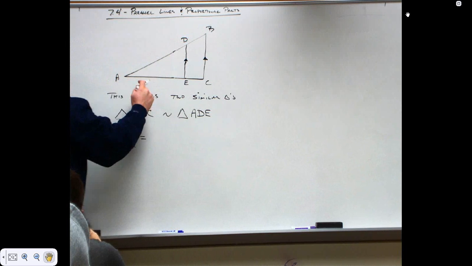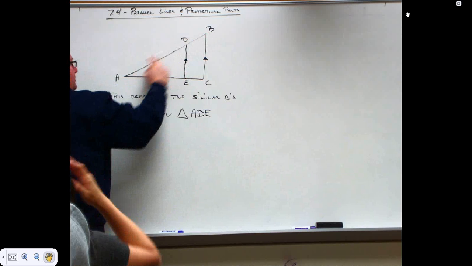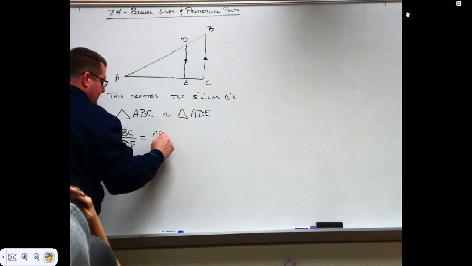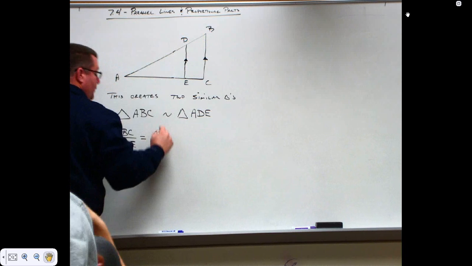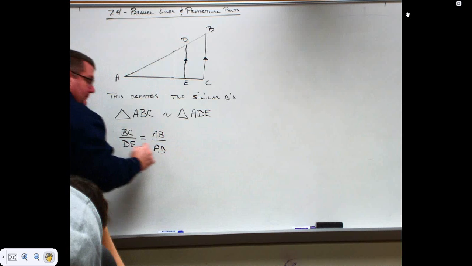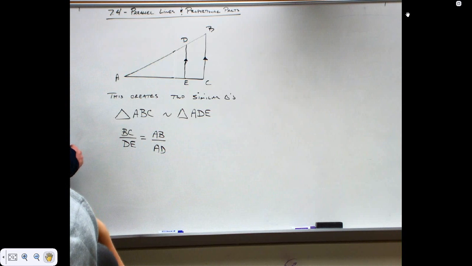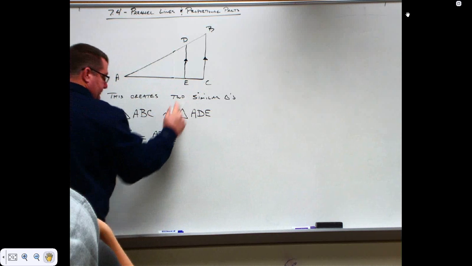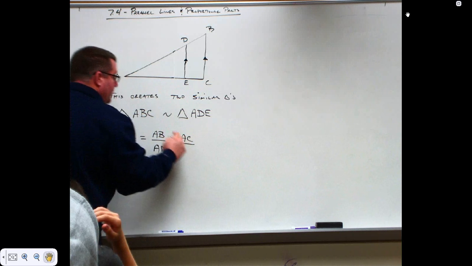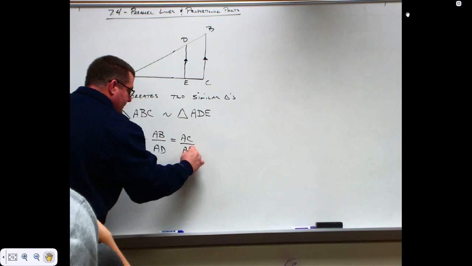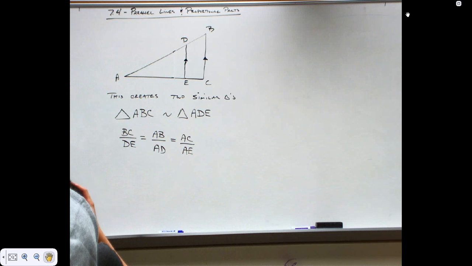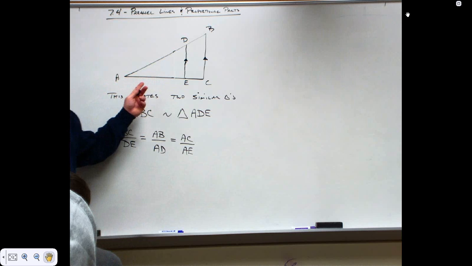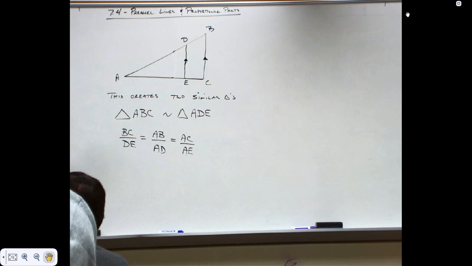AD does. See how the smaller part corresponds to the bigger, so it would be AB, which is this whole side, over AD. Everyone see that? Which is equal to, what's this whole side? AC over AE. Or you could have done it the other way. You could have done smaller over larger. You guys see the proportional parts there? Some people are good at visualizing that. Do I need to draw the two triangles separate?